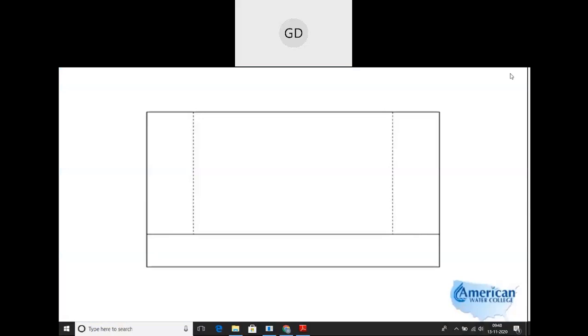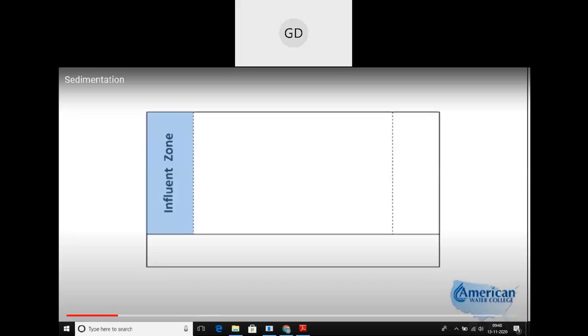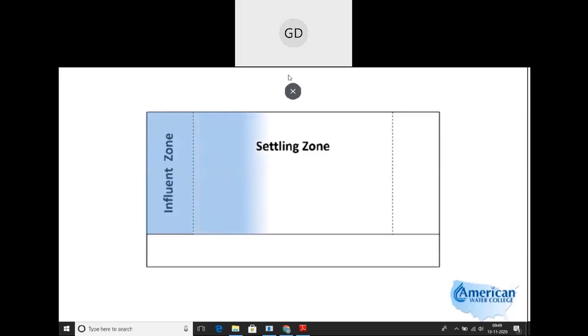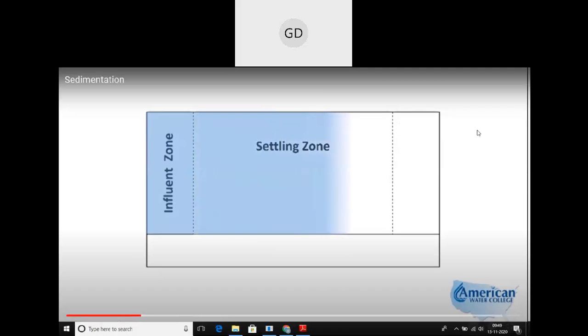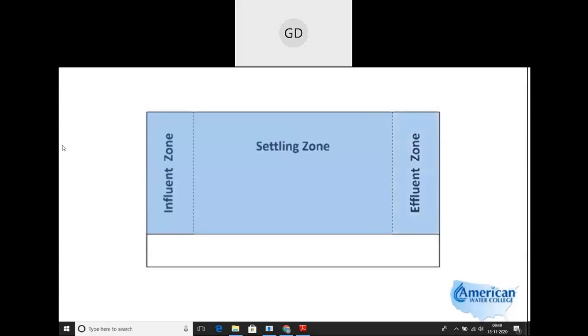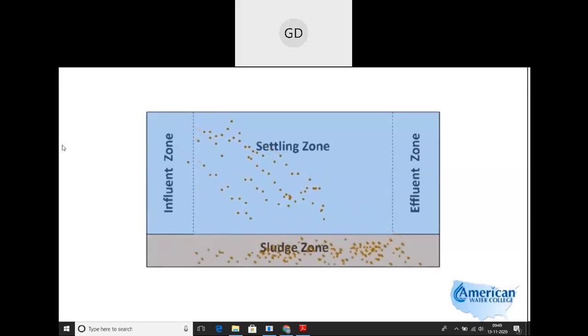Here we have a rectangular sedimentation basin with its influent zone. The first zone of a rectangular sedimentation basin is the influent zone, and this is where water enters the tank. As the water moves through the tank, it enters the settling zone, where the particles settle out. At the end of the basin is the effluent zone, where the water leaves the basin. On the bottom, we have the sludge zone, where the settled solids collect.